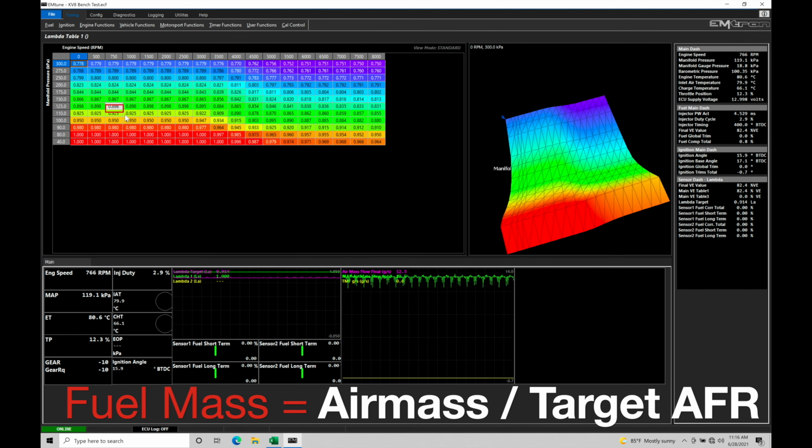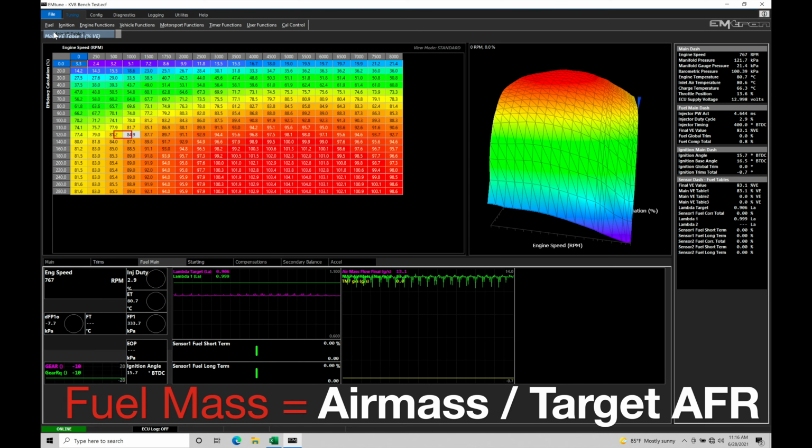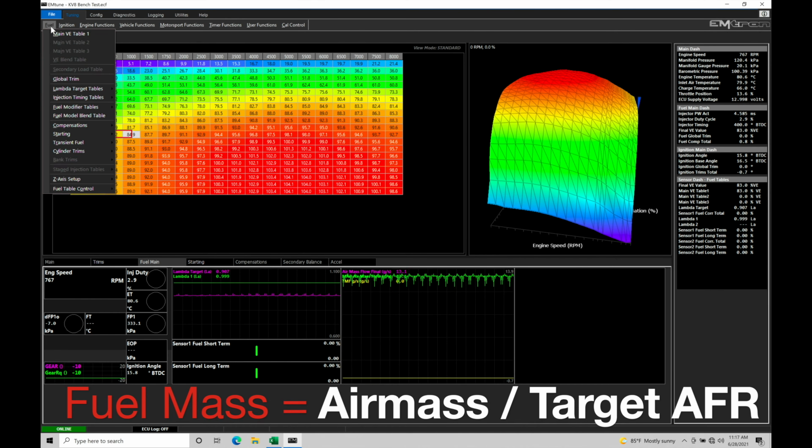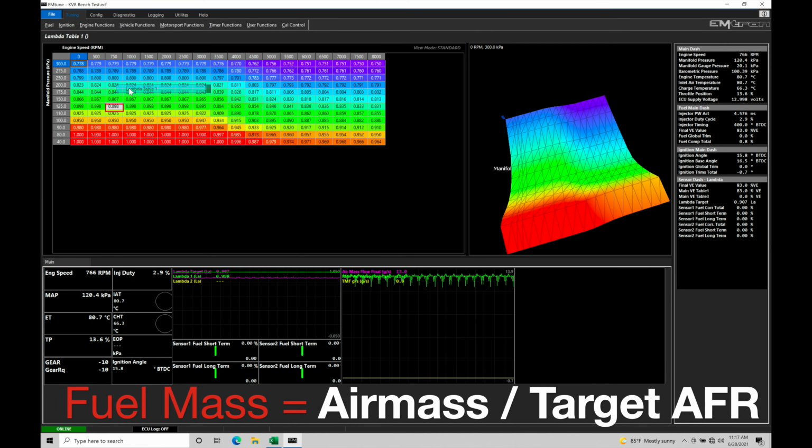Let's say we know our air mass, coming from either an estimation of our volumetric efficiency, which is an estimation of airflow, or we're directly measuring the airflow from a mass airflow sensor. Either way, we know the actual air mass coming into the engine, and then we would specify what we'd like our target air fuel or target lambda to be, based on the stoich ratio that we're dealing with. We then know what that target air fuel is going to be, and that allows us to calculate the fuel mass.